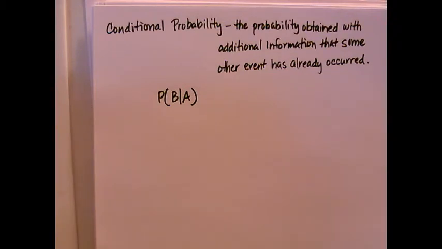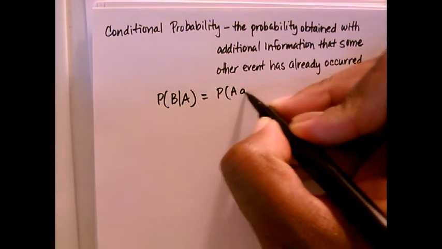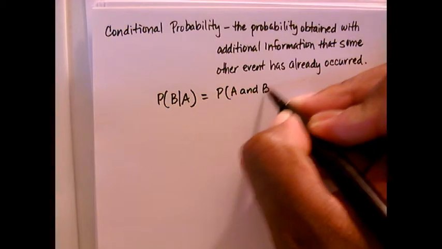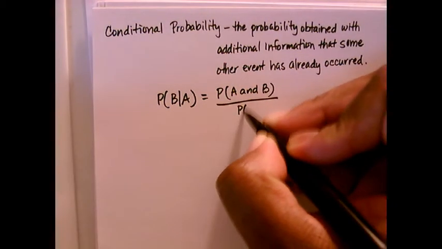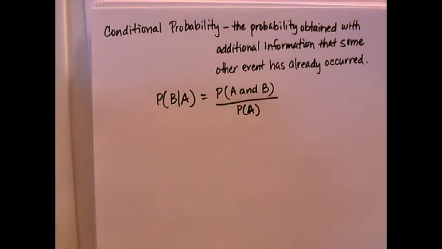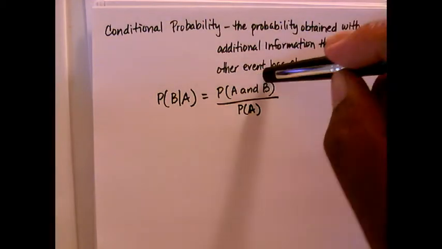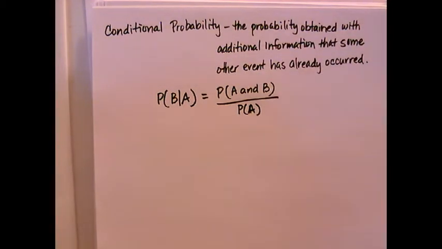Now they do give you this formula to use: the probability of A and B divided by the probability of event A. Okay. But in reality, we don't have to use this particular formula, because you have to think of what's the probability of A and B happening, and then get the probability of event A happening, and divide that.